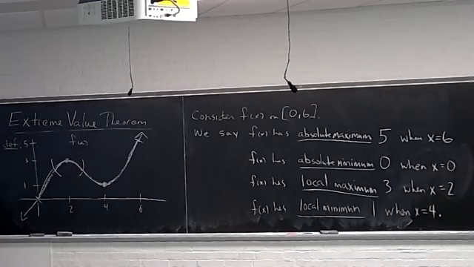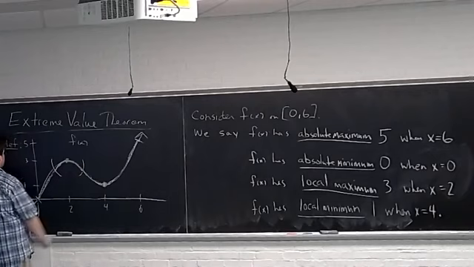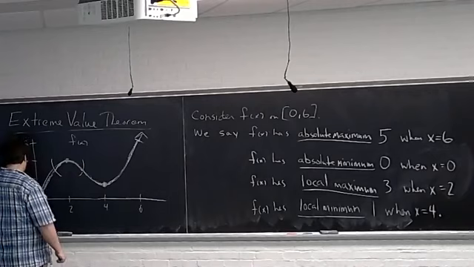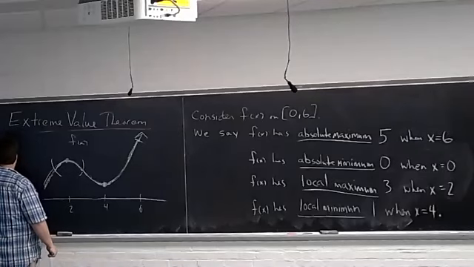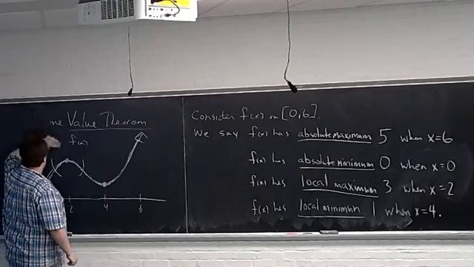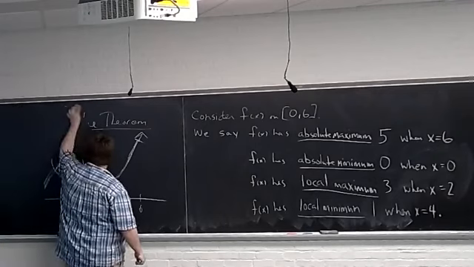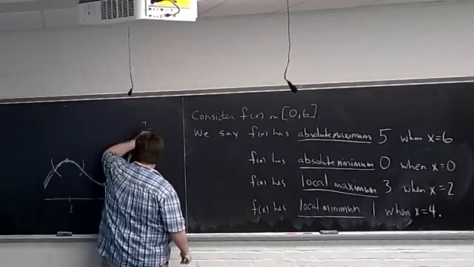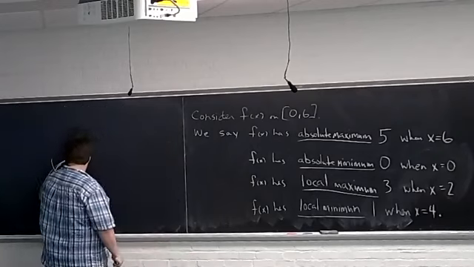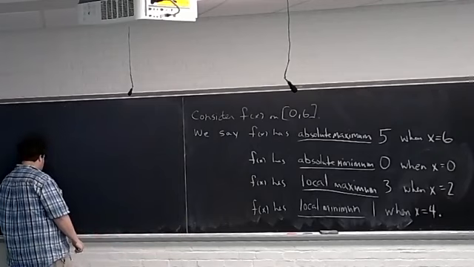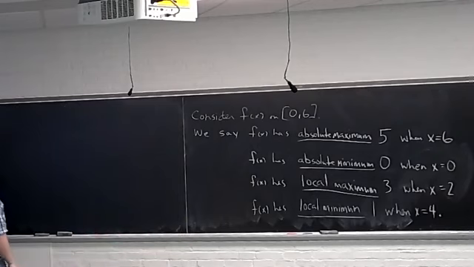And local just means you're looking nearby the point. I'm not going to ask you that, but there is a reason. And when I took calculus, I preferred relative maximum, relative minimum. But when I learned the word local actually means something in math, I started using local. So you can use whichever one you want, local or relative.